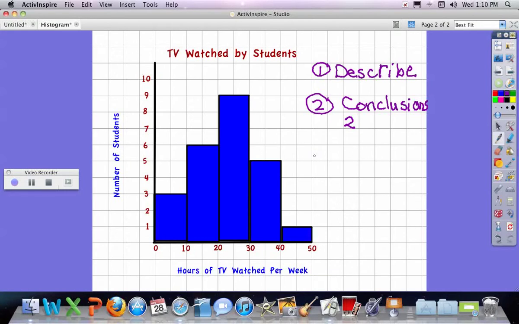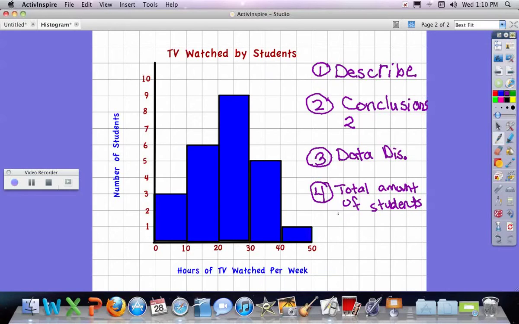3, I want you to tell me what type of data distribution this graph has. Remember, you have 3 choices when it comes to data distribution: skewed to the left, skewed to the right, and symmetric. 4th thing that I want you to do, I want you to tell me the total amount of students that were surveyed for this histogram.